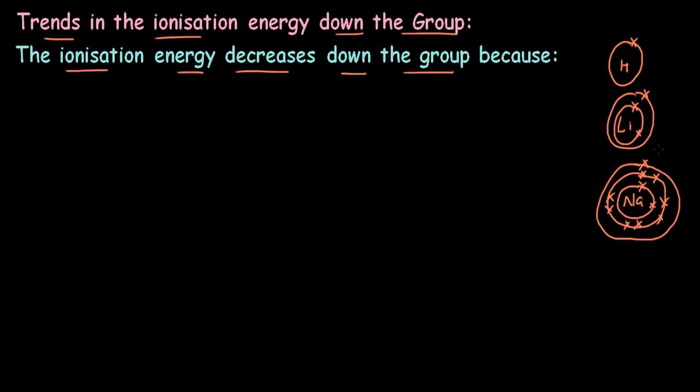Now if we compare the first ionization energy of all these elements which are in group 1, we can see that the first electron of hydrogen is very close to the nucleus with no shielding electrons. But in lithium, the outer electron, that is the first electron to be removed, is a little farther from the nucleus compared to hydrogen, and it also has two inner electrons which are shielding this outer electron.